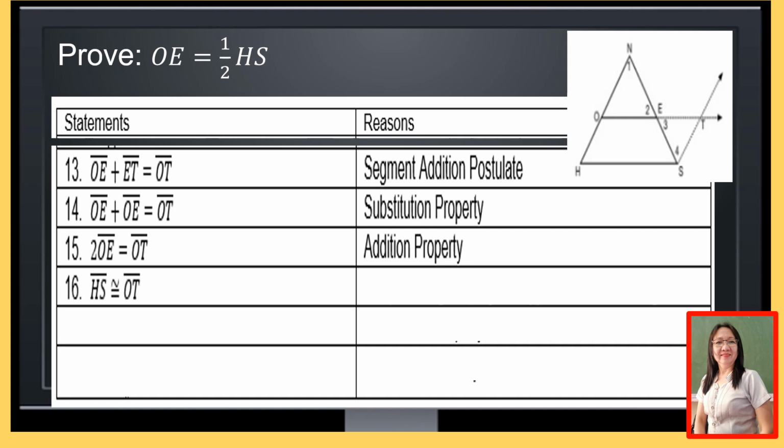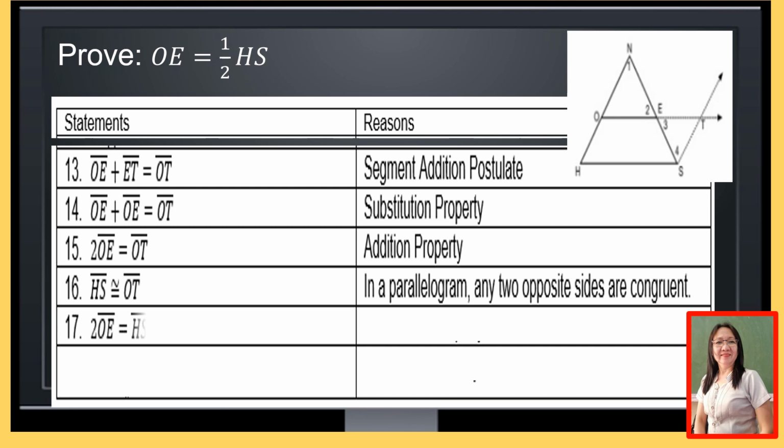Then, segment HS is congruent to segment OT, because in a parallelogram, any two opposite sides are congruent. So twice our segment OE is equal to segment HS by substitution.